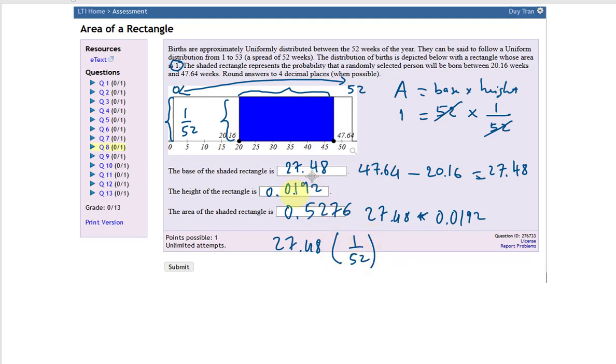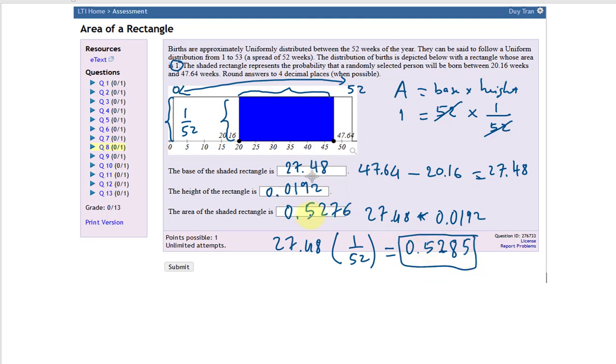Don't use the number that you rounded, but use 1/52 and the calculator to multiply with the exact value. So 27.48 multiplied by 1/52, rounded to 4 decimal places, should be 0.5285.